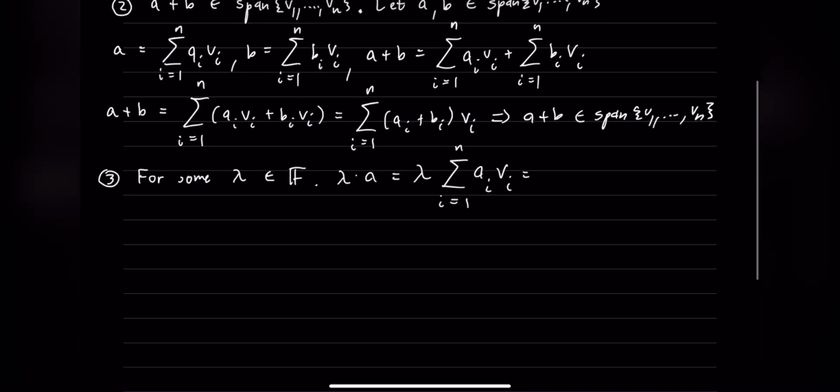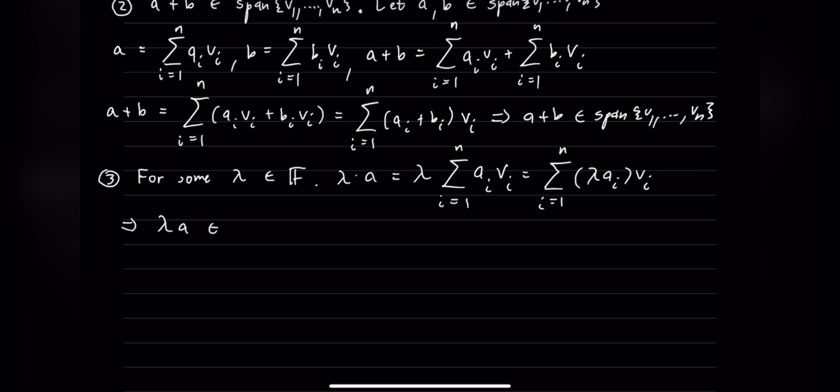So this is equal to the sum from 1 to n of lambda Ai Vi. Again, by the definition of span, this means that lambda A is in the span of V1 through Vn.